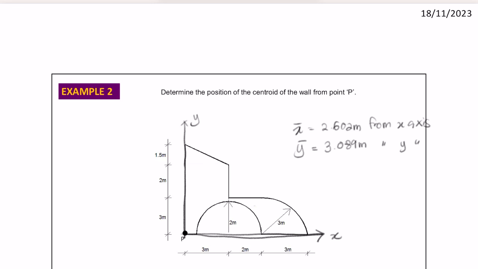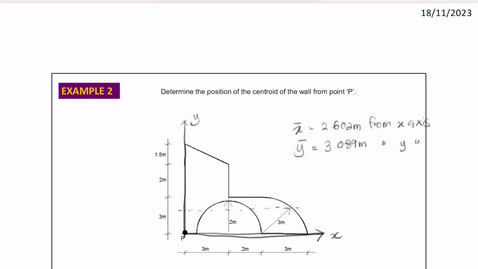Dan kita boleh tandalah dekat mana actually the centroid. So for X bar it is 2.602 meter. So should be dia below 3 ni lah ya. So mungkin dia berada dekat sini. Saya buat line senang lagi kita nampak. Okay. Should be anywhere dekat this line untuk X bar.